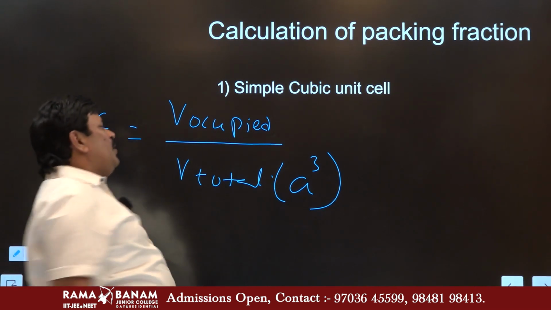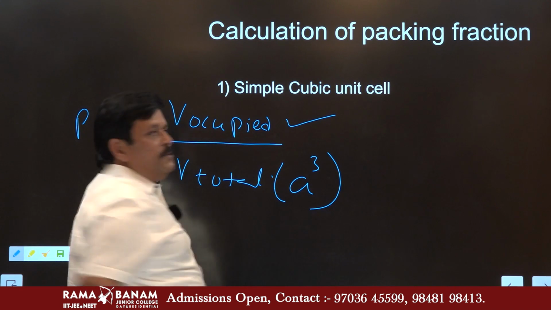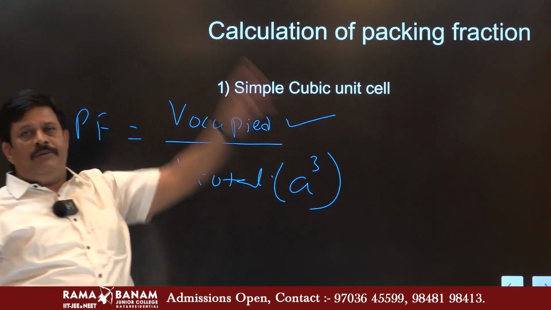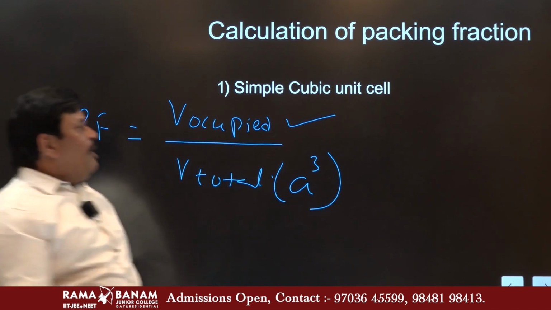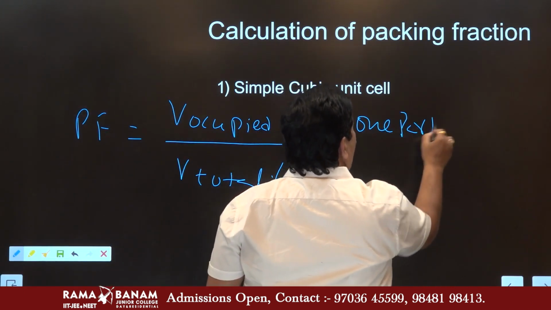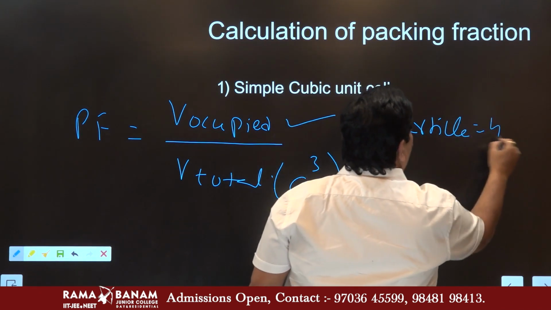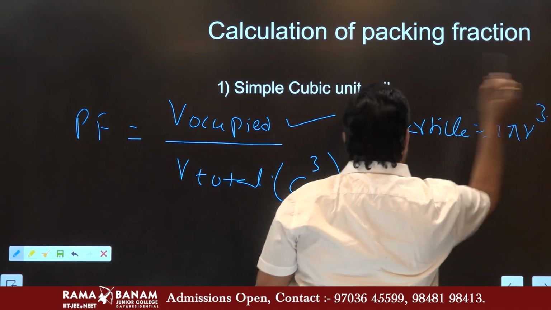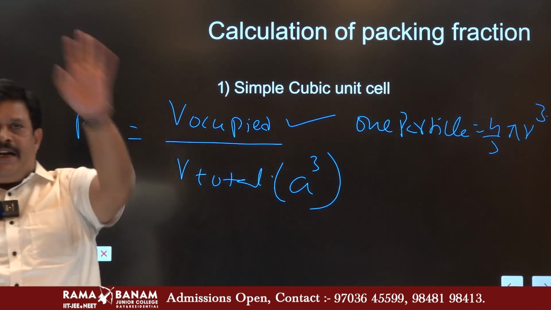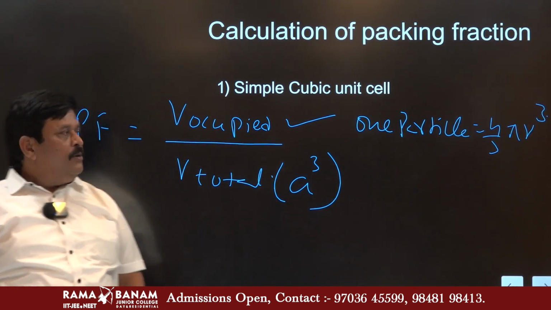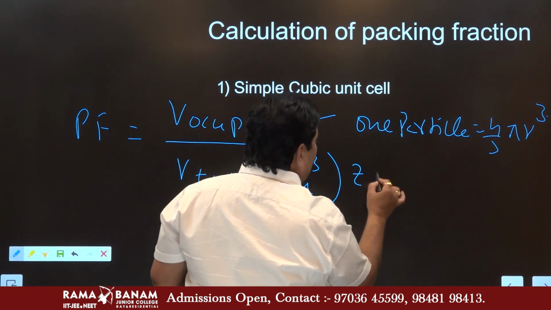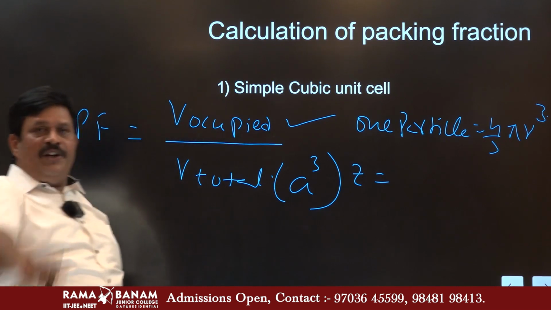Now what we want to calculate here is how much space is occupied by the particles in simple cube. The volume of one particle is 4/3 pi r cube. How many such particles are there in simple cube? That's nothing but the effective number of atoms.